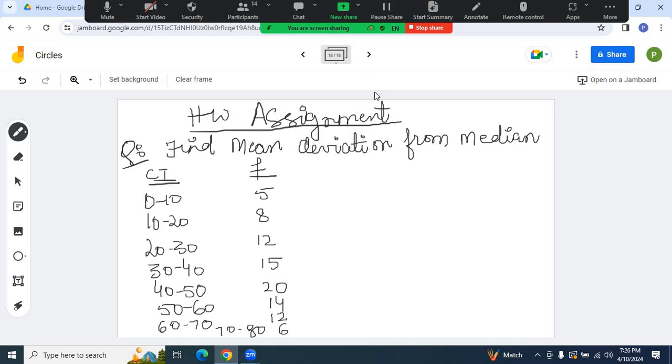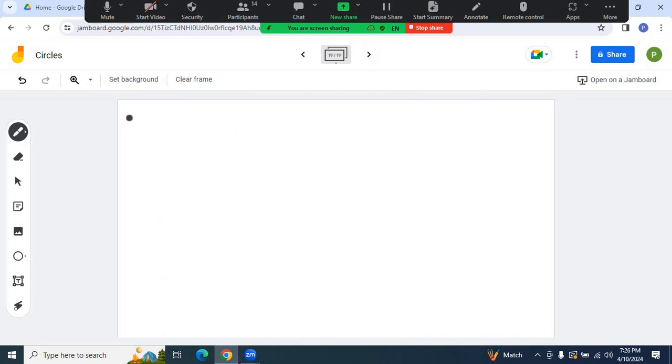This is the first one. Second, I hope you remember the grouping and analysis table. Find mode by grouping method.